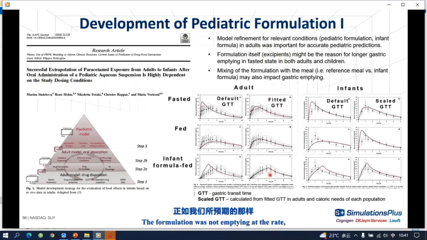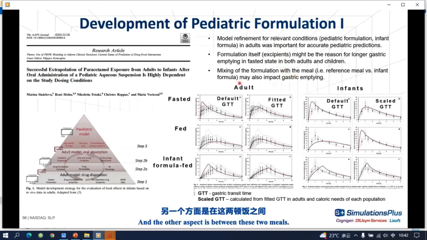So the formulation was not emptying at the rate we would expect for a simple suspension or solution, but was taking a bit longer to empty from the stomach. Again, something that should be taken into account when designing that formulation.